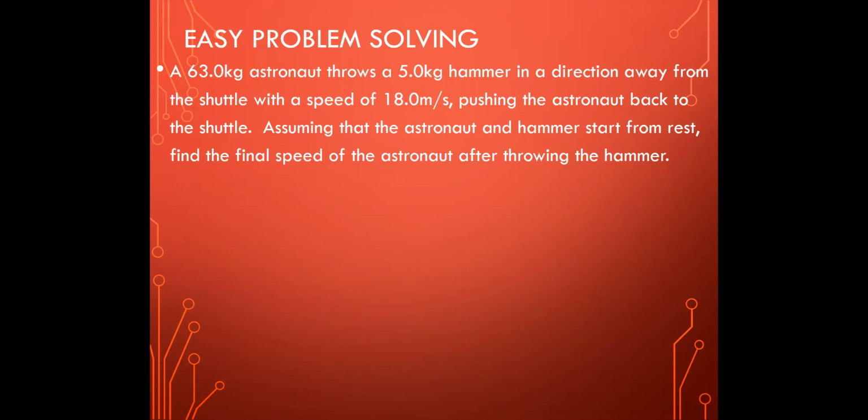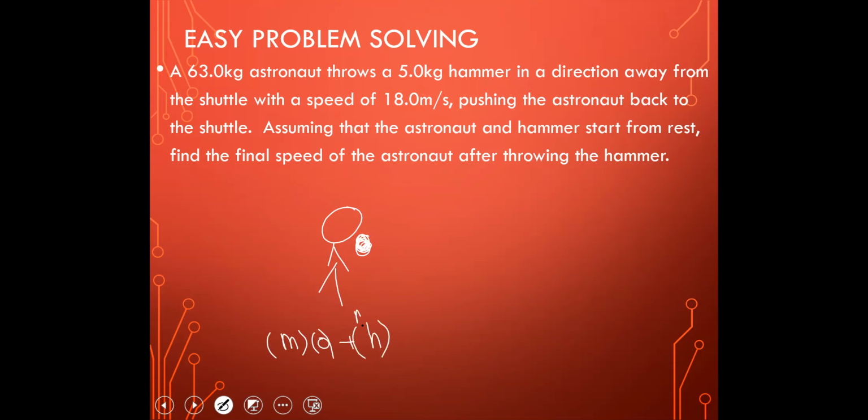So here we have a man. Let's draw here. We have a man. The man has a ball, a hammer, as an example, in his hand. Look at the man. The man is not moving. So the mass of the man times his velocity, which is 0, plus the mass of the hammer times its velocity, which is also 0 because they are at rest, equals.